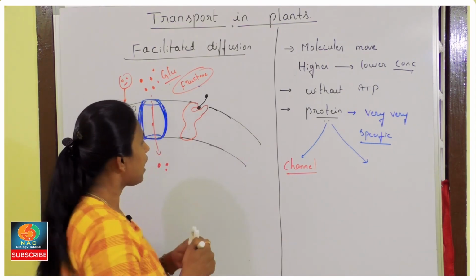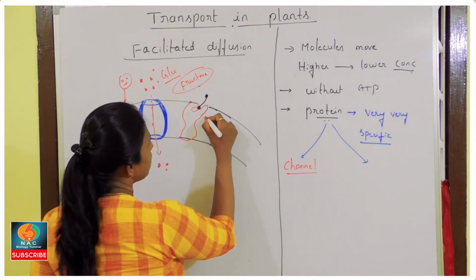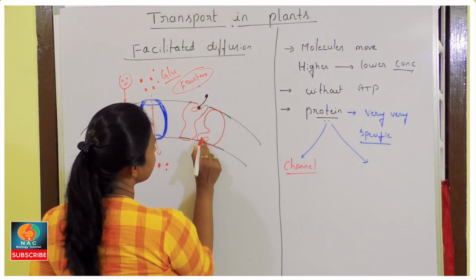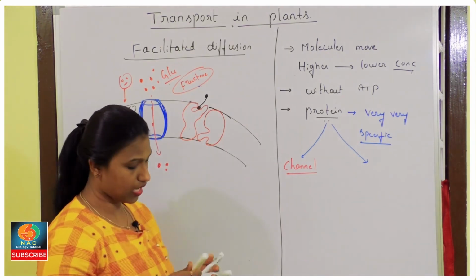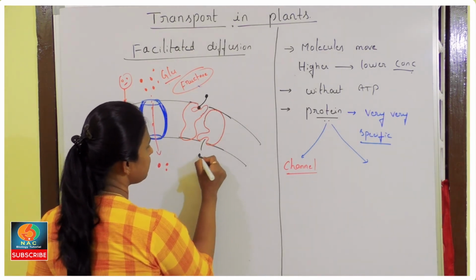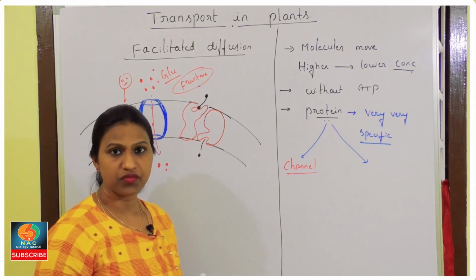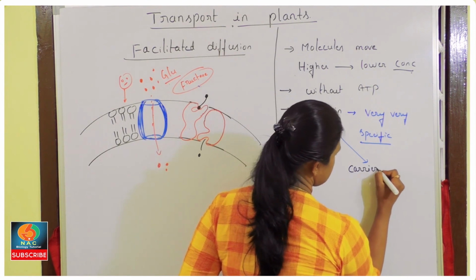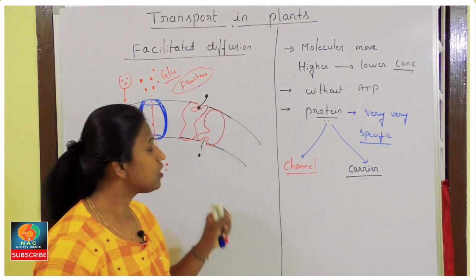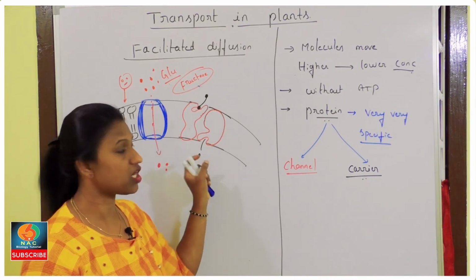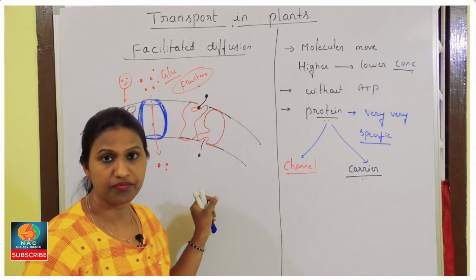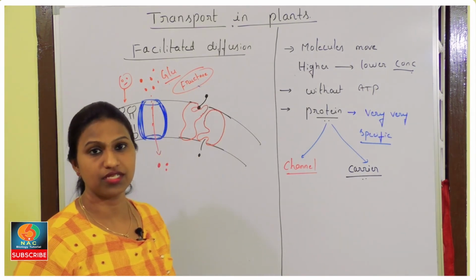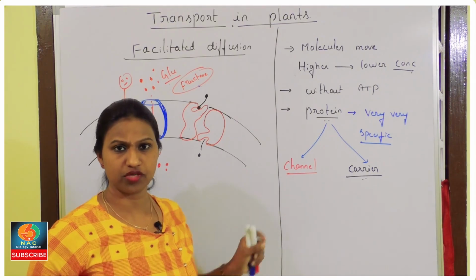It will change its shape and just rotate downwards, and it will leave the molecule which it is carrying. Okay, the carried molecule will enter inside. So such type of proteins we call carrier protein. This is a carrier protein. It has the capacity to change its shape. Once again, this is also very specific. Okay, but the one problem with the protein is that they can reach saturation.